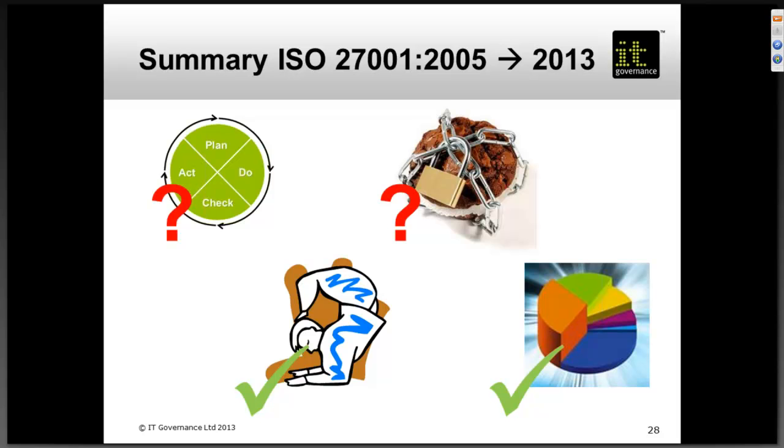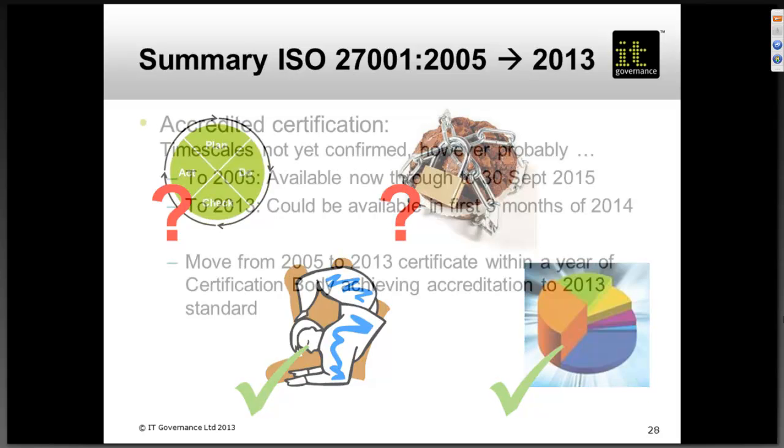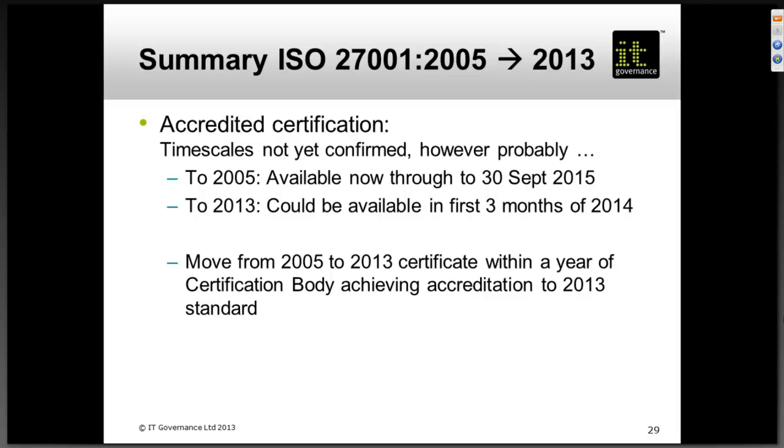Hopefully through positive indicators. For those that are truly interested in the transition and certification, well, the timescales have not yet been confirmed. However, as I said earlier, I'm predicting that the certification to the 2005 version may well still be available through to the 30th of September 2015.